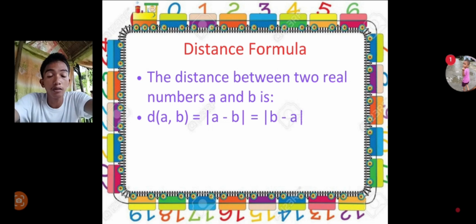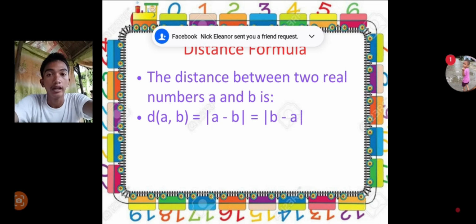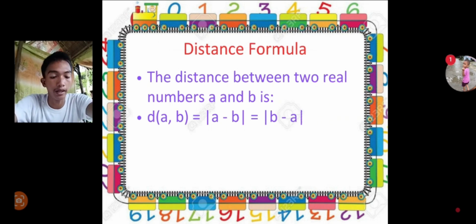The absolute value of 2 minus 7 is equal to the absolute value of negative 5, because the result is minus 5. So that is 5, and the answer is always positive. The absolute value of negative 5 is its opposite, so positive 5.